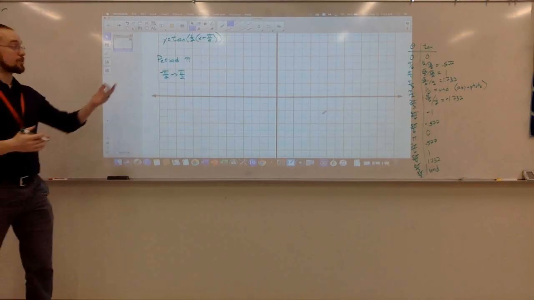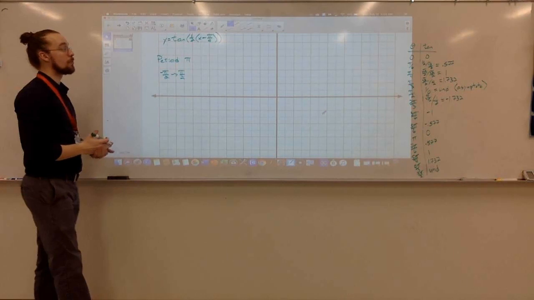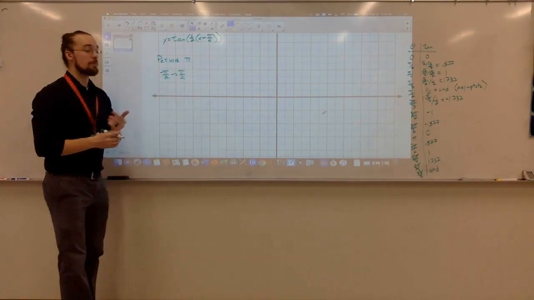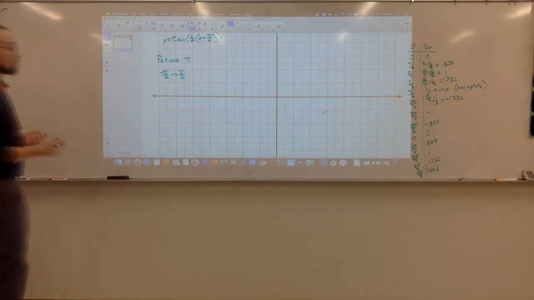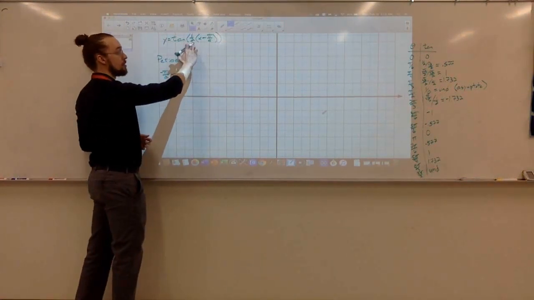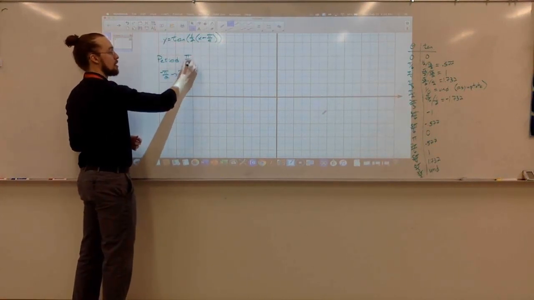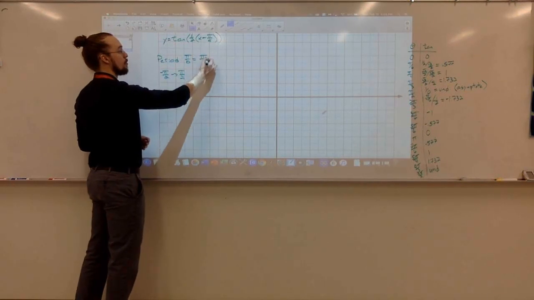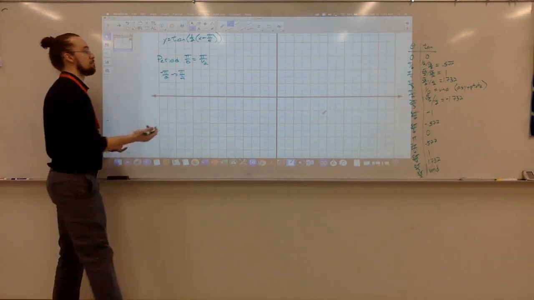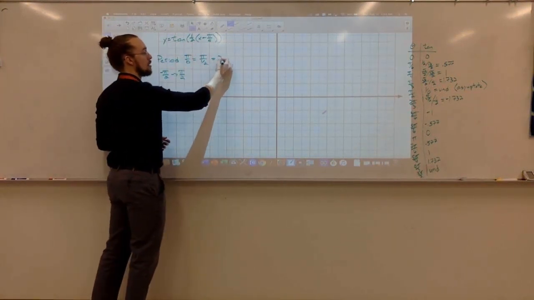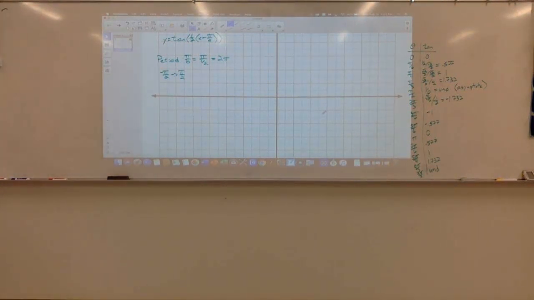Okay, so the period is going to be the same idea. We're going to take our old period and put it over the b value. In this case, though, we have to remember that our normal period for tangent is just pi. So I'm going to take pi divided by the b value. In this case, my b value is 1/2. So pi divided by 1/2, the same as pi times 2 over 1. So here, my period will be 2 pi.